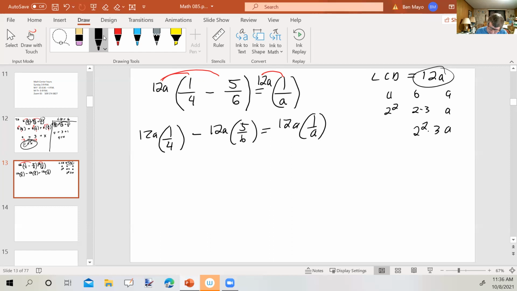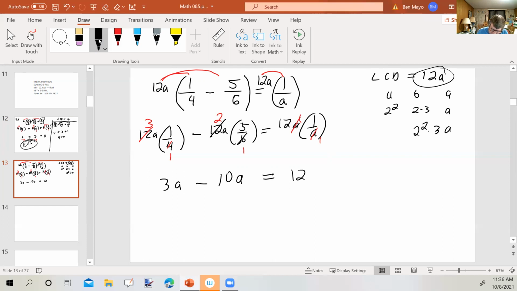Going back and reducing and simplifying, 12 over 4 is 3 over 1, so 3a. Minus 12a times 5/6: 12 over 6 is 2 over 1, so I get minus 2a times 5, or 10a, equals 12a times 1 over a. The a's reduce down, and we just get 12.